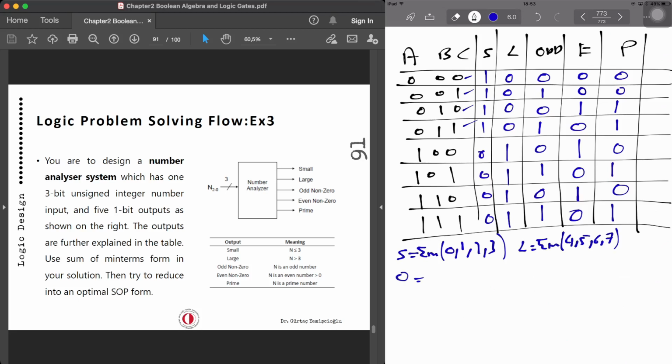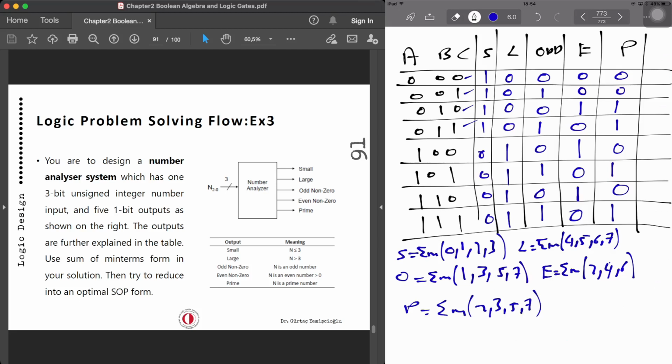Odd has the min terms 1, 3, 5, and 7. Even has the min terms 2, 4, 6, and the prime has the min terms 2, 3, 5, and 7.